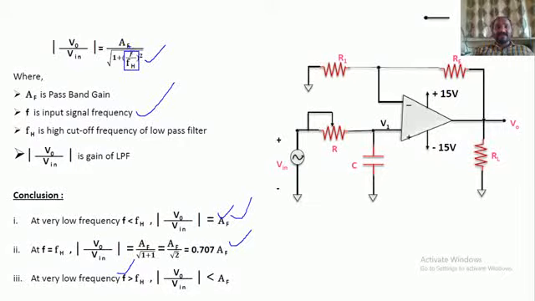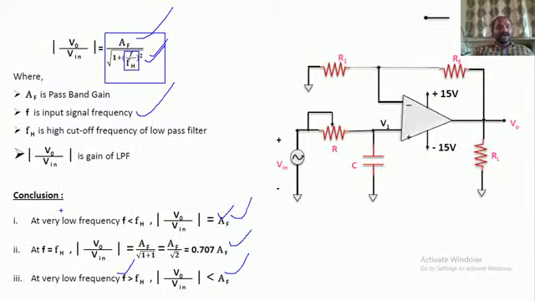When we have a denominator greater than the AF in this equation, then obviously the result of this ratio is less than the AF only. So I am going to get a gain which is less than the AF compared to the previous values.